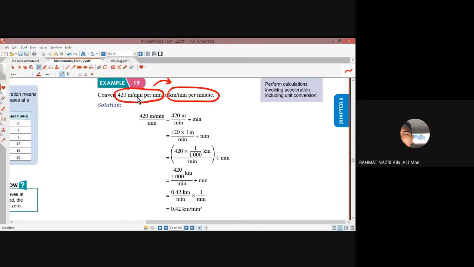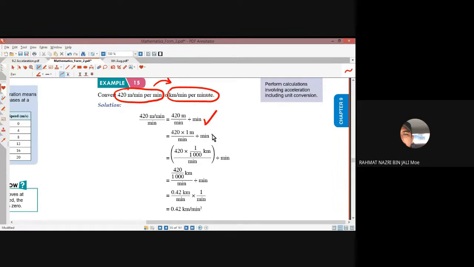Okay, they change this sentence to the fraction, per. We change it to fraction. So 420 meter per minute over minute. Over minute means divided by minute. Okay, this is from the original 420 meter per minute divided by minute. So minute per minute, this one, they maintain here.